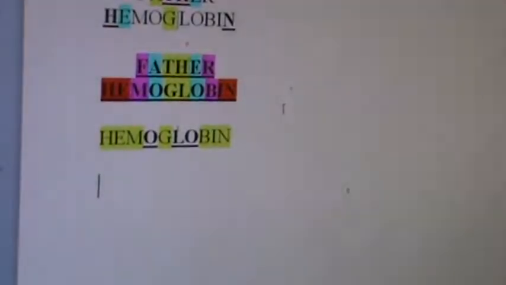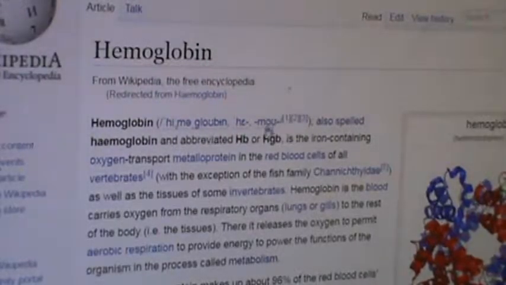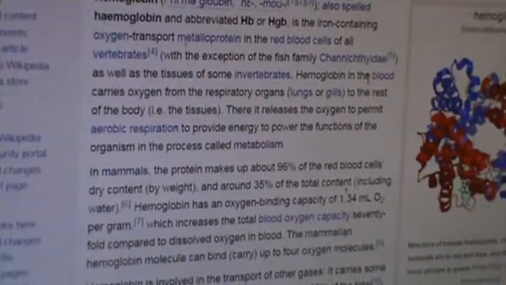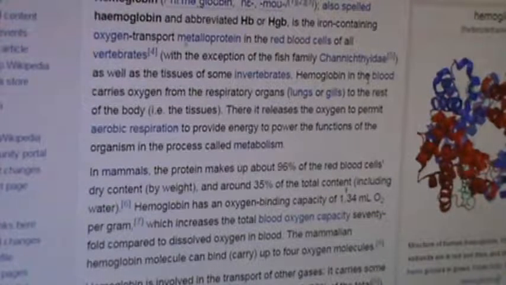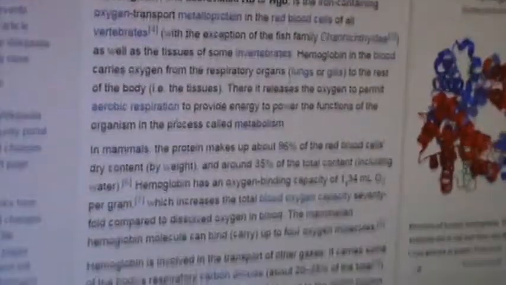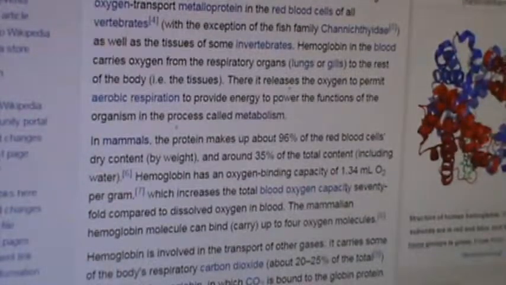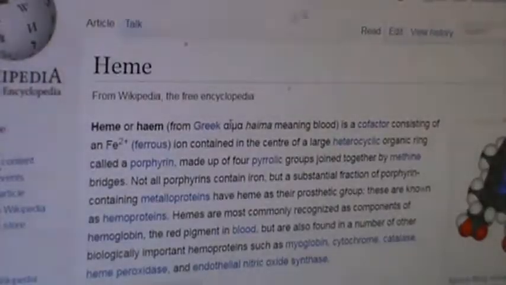Okay, you get the idea. Find Father in hemoglobin. Just nailed that one. So that's huge. And then even HB. Ooh. The heme groups. Heme. Oh, just heme, okay.